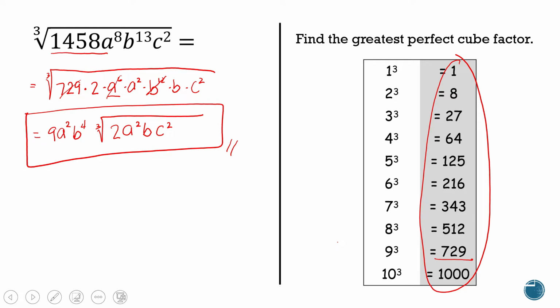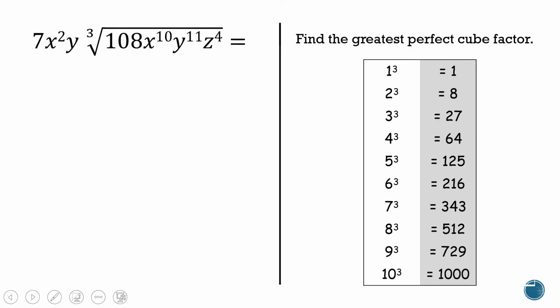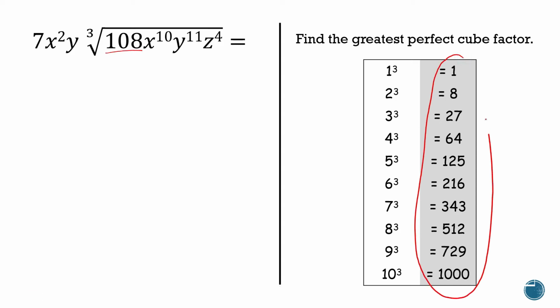All right, let's go to the last example. 108. So what is the greatest perfect cube factor of 108? I'm going to give you time to think about that. That is correct. It's 27.